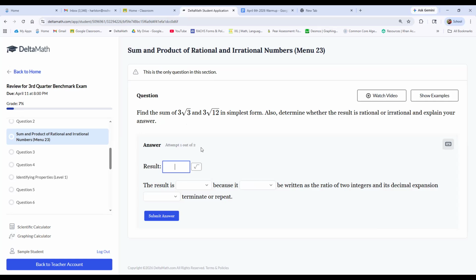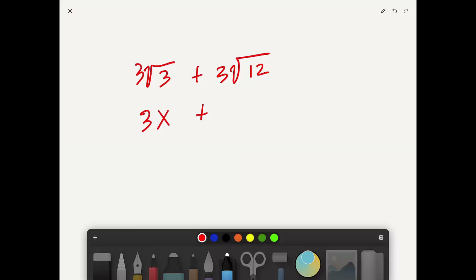Now if I had 3x plus 4y, there's nothing that I can do with those because they don't have the same variable, right? Now, the reason that I started with that is it's very similar when you're trying to add radicals. If the radicand part is not the same, then you can't combine these. So the radicand has to be the same.